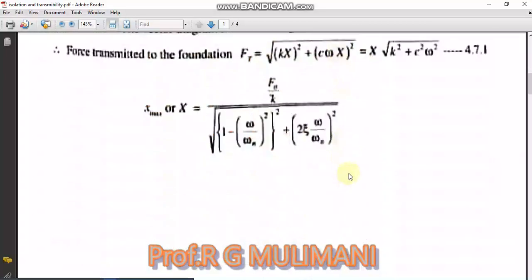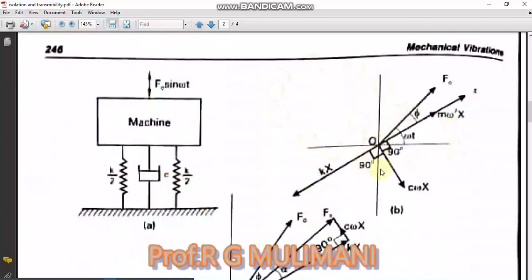We already know what the forces involved in a machine are. It is a machine, and there are many components that can be assumed here. What is the source of excitation? That is because of the CG deviation with respect to the axis of rotation. That force is the harmonic force, F naught sin omega t.